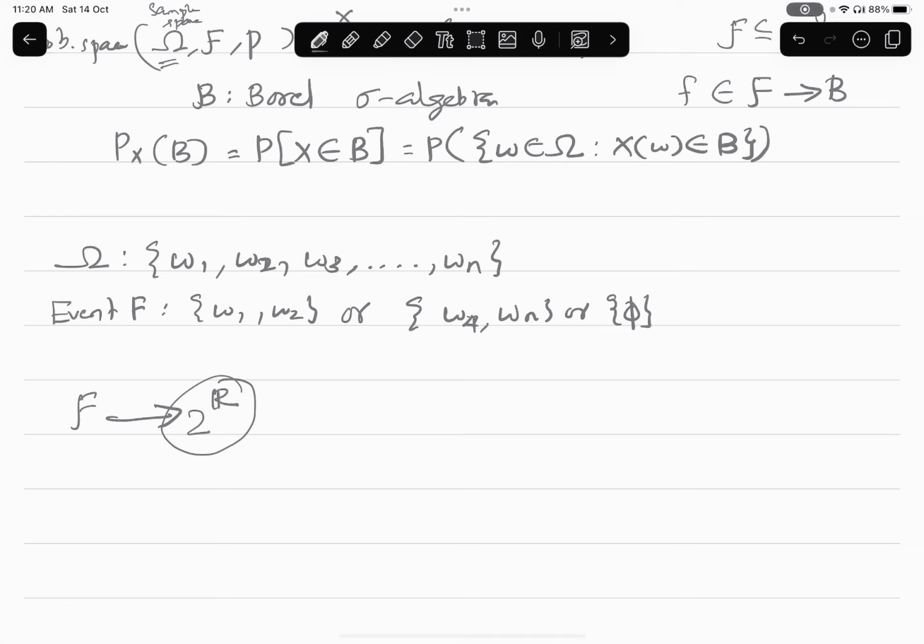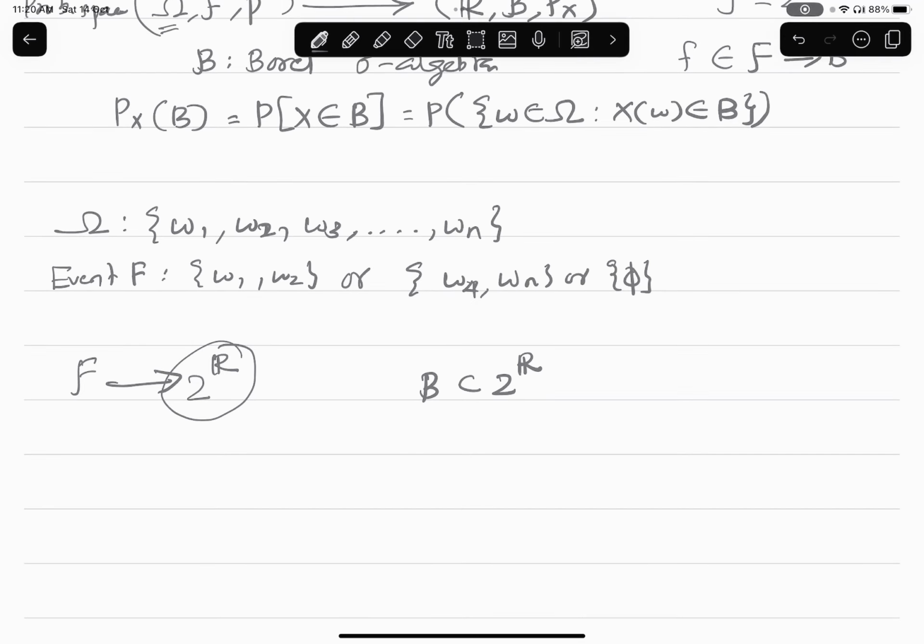So what we normally do is take a Borel sigma algebra, which is a subset of 2 raised to R, and we deal with events in that Borel sigma algebra.